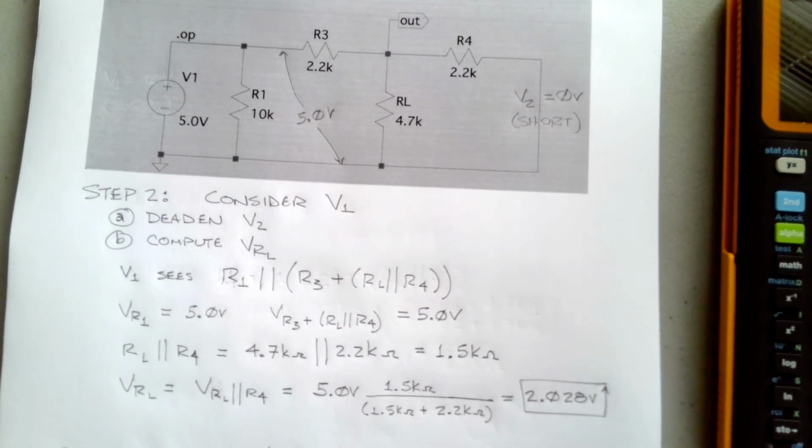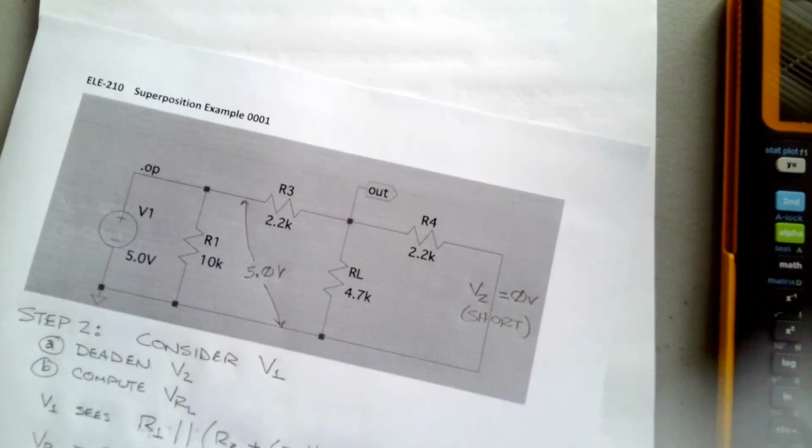So that's our second example of superposition. We'll stop there, but do confirm those answers by running those simulations. All these resistors are in our kits, so you can put together these circuits and make the measurements.